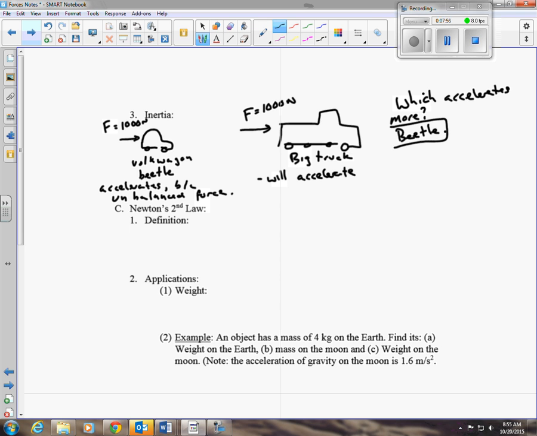So why? We're going to start talking about inertia. Inertia is a resistance to a change in speed. So which resists the change in speed more? It turns out the truck does.